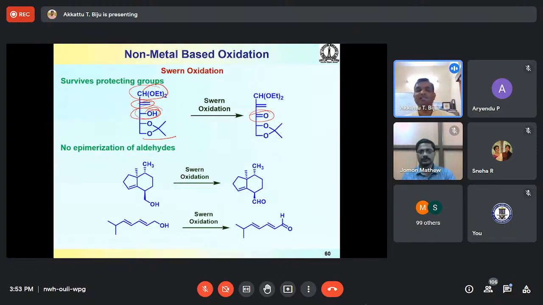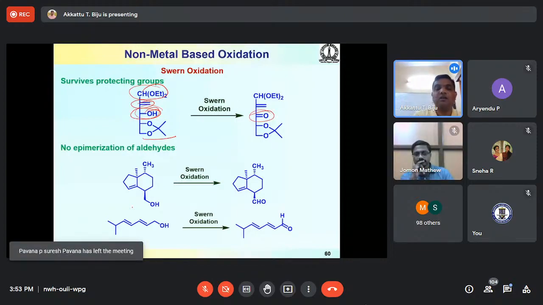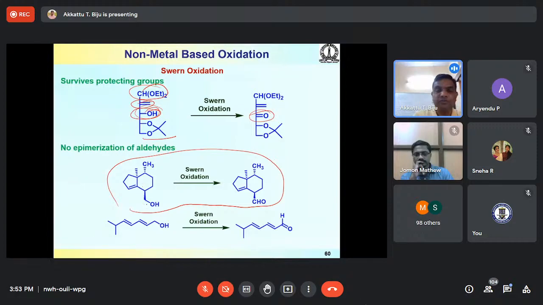So this reaction is highly robust, and also this does not create any issue for stereospecific oxidation reactions. Say for example, if you have this homoallylic alcohol, the Swern oxidation could result in the formation of this aldehyde, where the hydrogen atom cannot epimerize under the reaction conditions, because we use only a mild base in the Swern oxidation reaction.